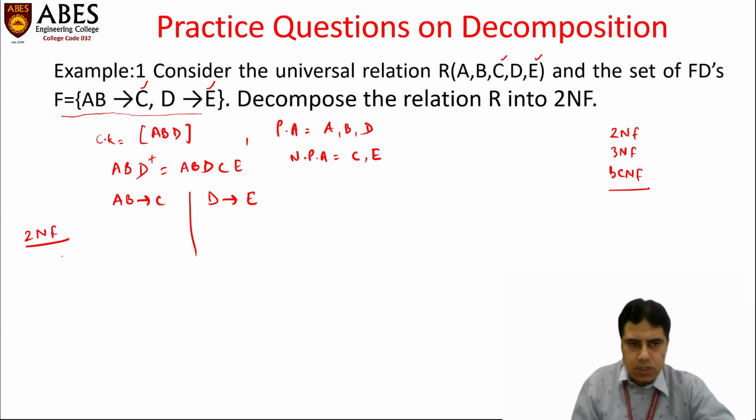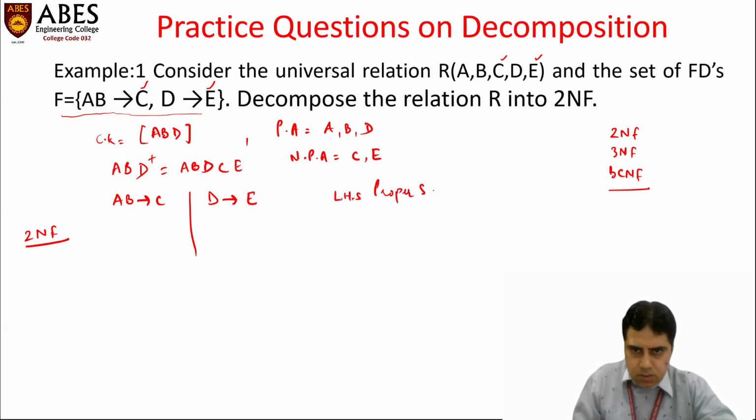The condition to check 2NF: the left-hand side should be a proper subset of the candidate key and the right-hand side should be a non-prime attribute. This is the condition for partial dependency; for 2NF there should be no partial dependency.